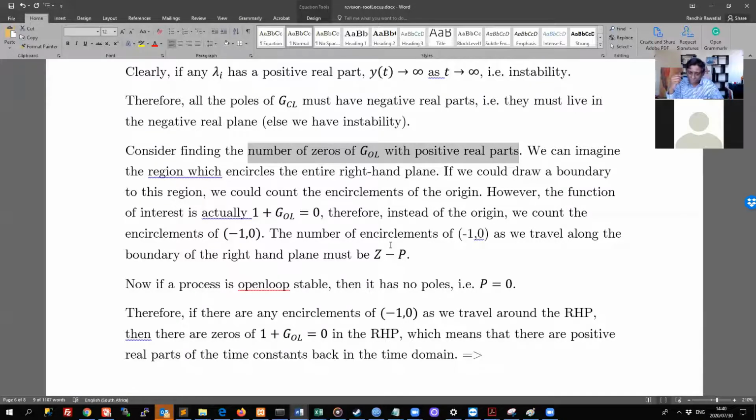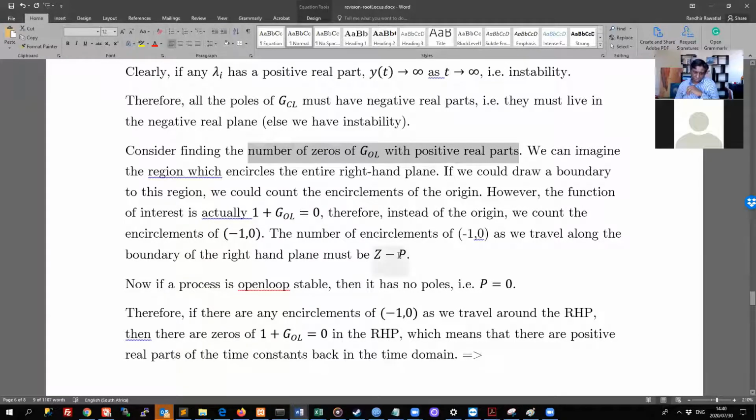Now, one additional constraint we can come up with is to say that, if we have a process that's inherently stable, so let's say we know that we don't have any poles in the right-hand plane for the transfer function itself, right? That means it won't have, to begin with, any poles in the right-hand plane.